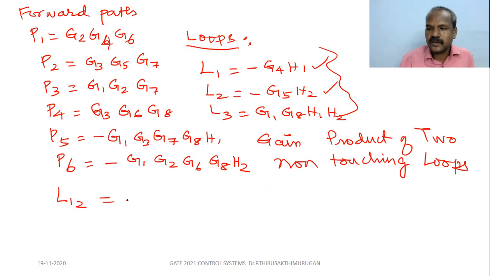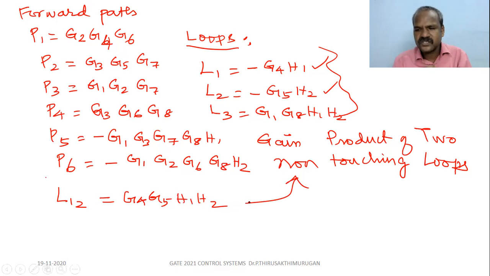So what are the non-touching loops? G4, G5, H1, H2, L1, L2. So G4, G5, H1, H2. This is the gain product of 2 non-touching loops. Okay, first combination, only 2 combination.